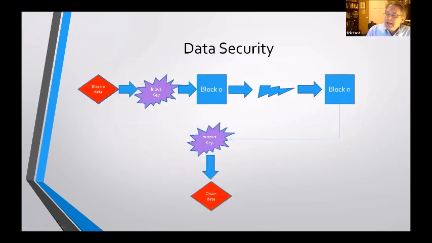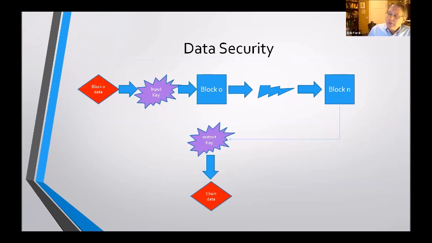And on this schematic here, you've got block 0 data on the left. It's encrypted with the input key and becomes encrypted block 0. Then flash forward to however many blocks we have, block n at the end.